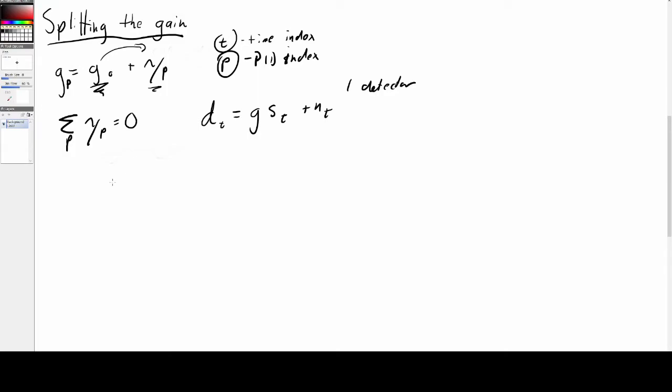But for a typical CMB experiment, our instrument, like Planck or any other instrument, will typically have more than one detector. So that means that we have the task of estimating the gain not only for each PID, but also for each detector, which I'm going to index with I. So I is going to be the detector index.